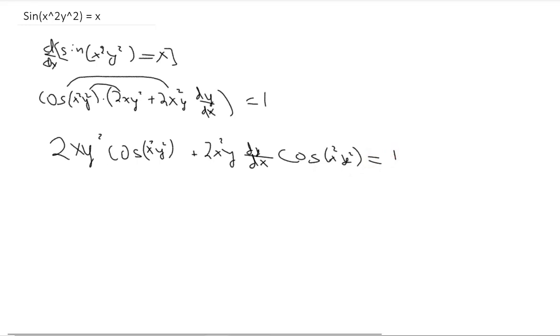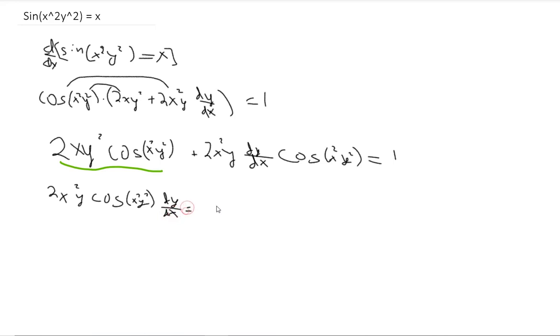So now we see that this term here, this green term, doesn't have a dy/dx in it. So we can subtract this to the other side in order to solve for dy/dx. So 2x squared y times cosine x squared y squared times dy/dx is equal to 1 minus 2xy squared cosine x squared y squared.